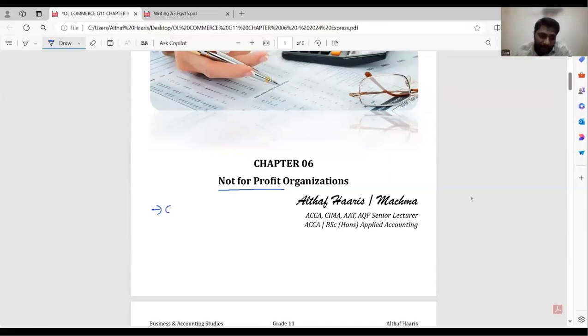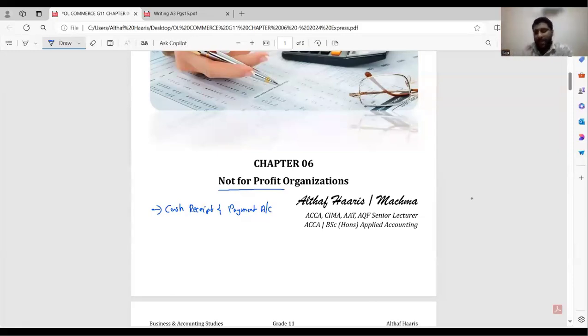For your O-level, mainly we will be focusing on two things. One is the cash receipt and payment account. This is the same as the cash account in normal profit-seeking businesses. Whatever the cash inflows will be debit, whatever the cash outflows going out will be credit.